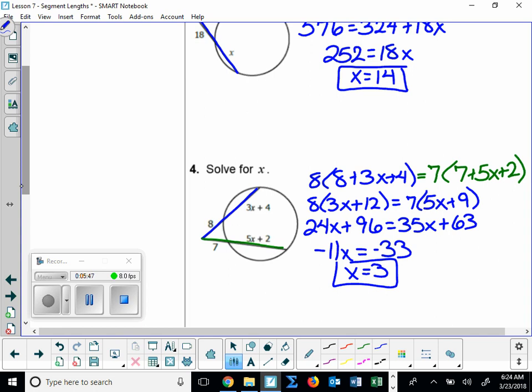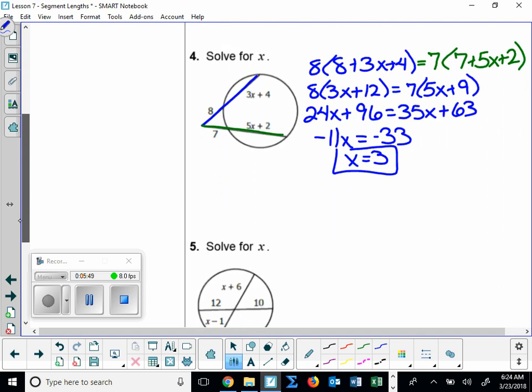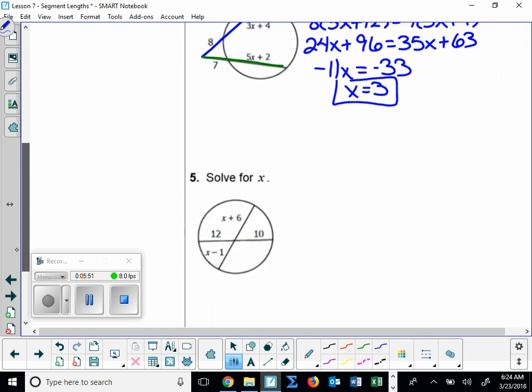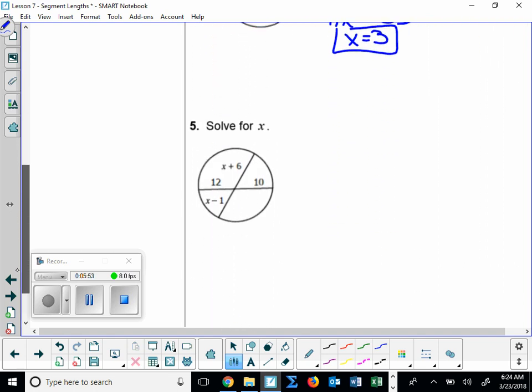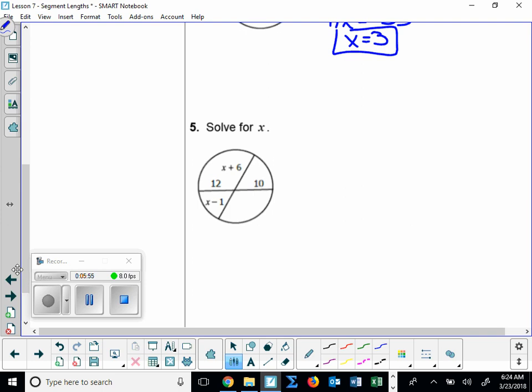Let's take a look at number 5. All this distributive property and multiplying and stuff lends itself to some really nice problems. Let's see here. 2 chords, so this is part times part. (x plus 6) times (x minus 1) equals 12 times 10.